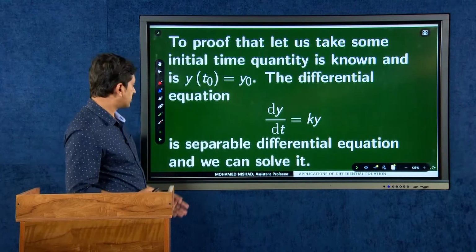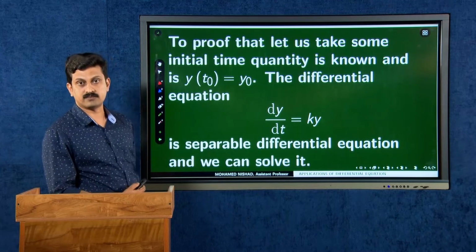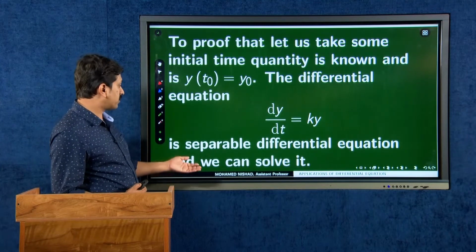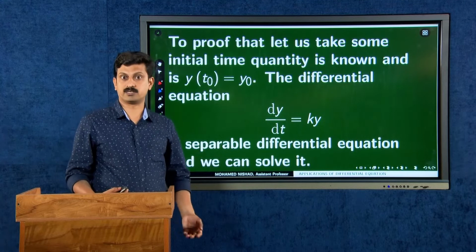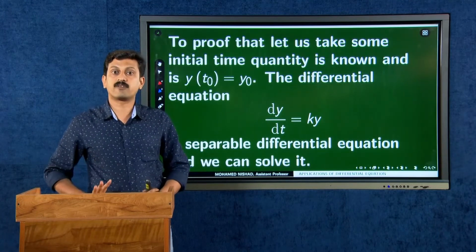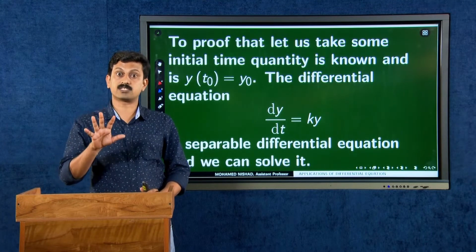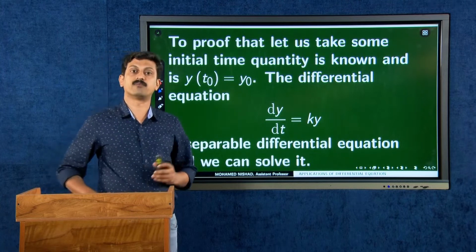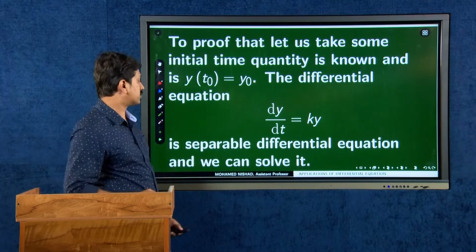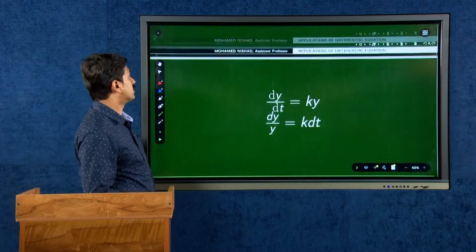You may consider this a separable differential equation, and we can solve it as we did in our first order differential equations, where we first discussed the method of variable separation. Through that way we can solve this differential equation.